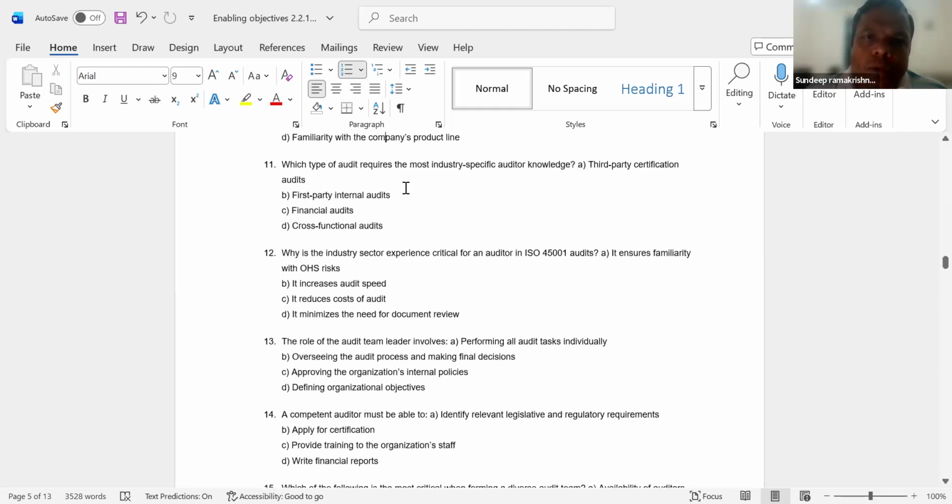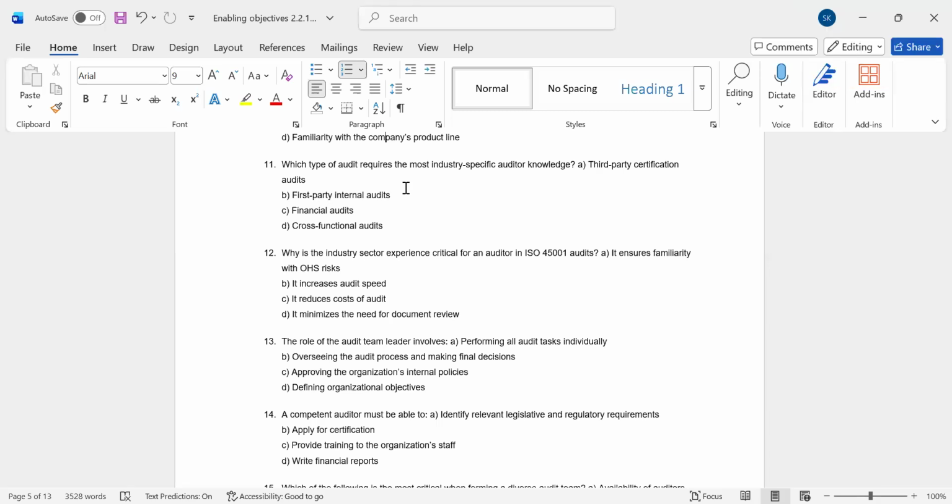The auditors in your own organization keep seeing only the process which is happening in your own organization. A third party certification auditor goes to various companies, sees various processes, and has better understanding of the industry. Therefore, first party internal audits will not give you too much industry specific knowledge when compared to a third party auditor. Right, sir.